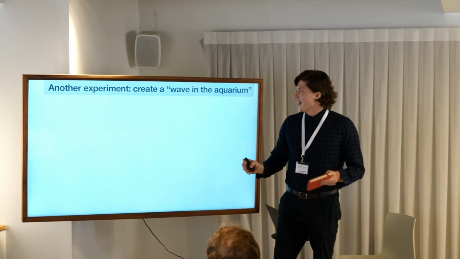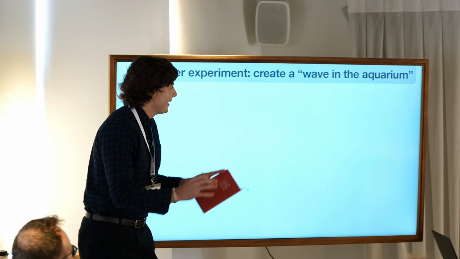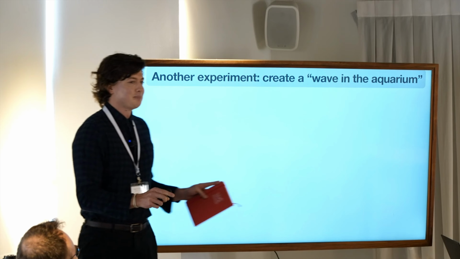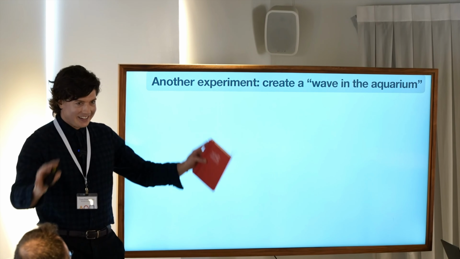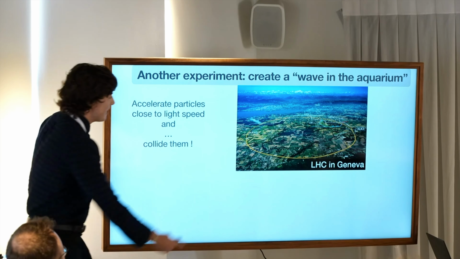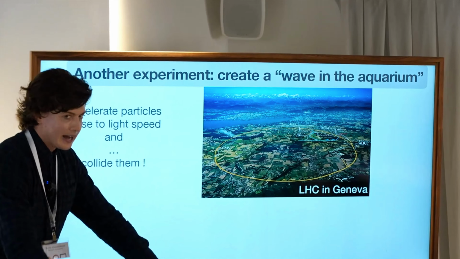Actually, there is another way we can show that we live in an aquarium of Higgs field. We can create a wave in the aquarium. But this experiment will not be done here. This is done by professionals in Geneva, Switzerland. We have this ring of 27 kilometers of length buried underground.